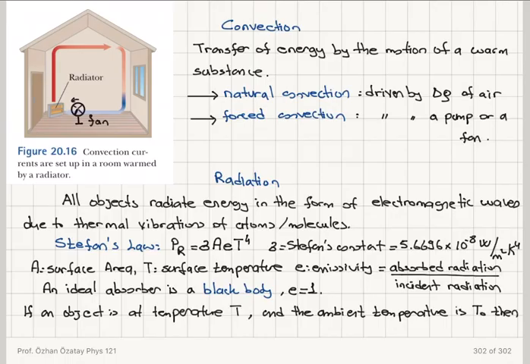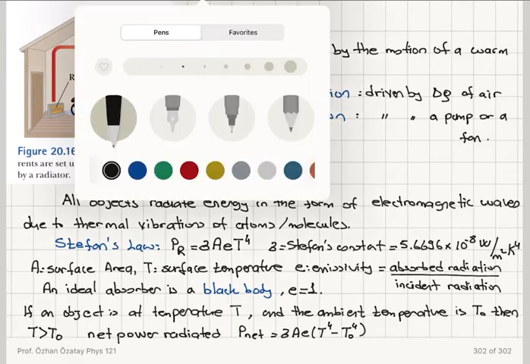Then what is the net power radiated by this object? Assuming that T is greater than T0, the object is hot compared to its environment, there will be net power radiated by this object. It is given by sigma A emissivity times T to the 4th power minus the ambient temperature to the 4th power.